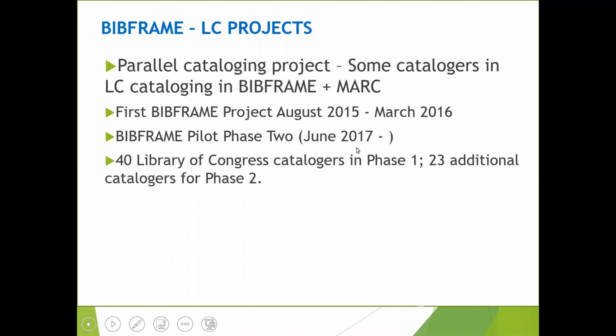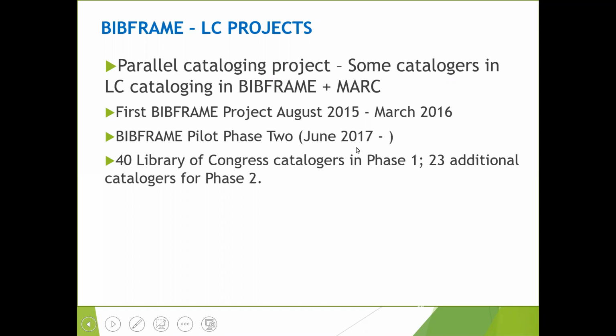When BIBFRAME 2 came out, we had been through BIBFRAME 1, which they worked through some of the kinks and sorted out how it needed to go forward. There is a much stronger focus on linked data and URIs, which was much more prevalent in this current version of BIBFRAME, which is BIBFRAME 2.